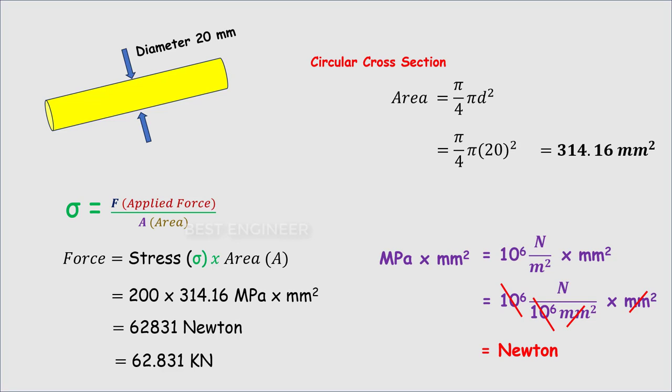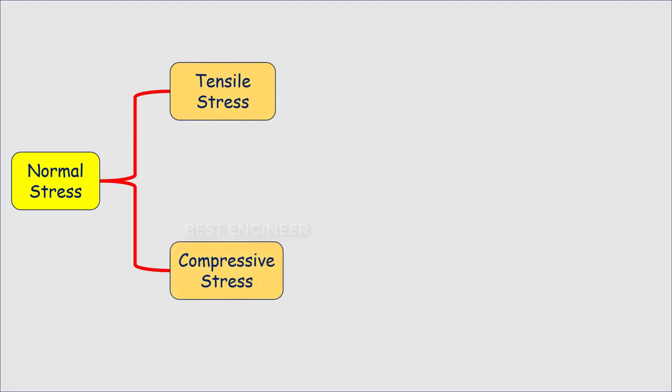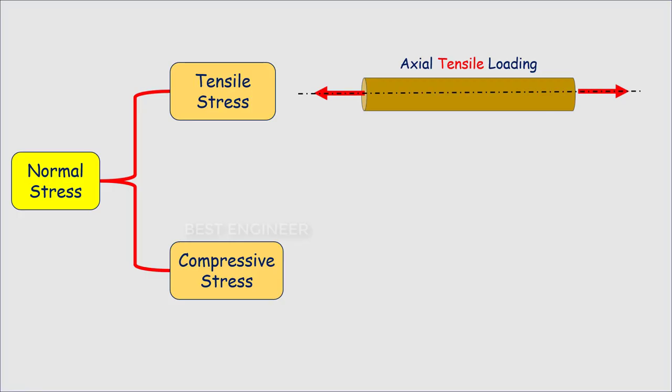The normal stress is classified into two types: tensile stress and compressive stress. The tensile stress is calculated for a tensile load application, that is tensile force per unit area. The tensile stress sign is positive.